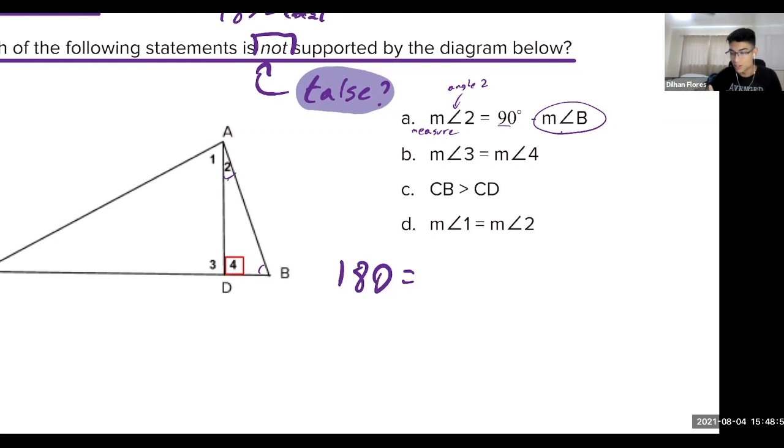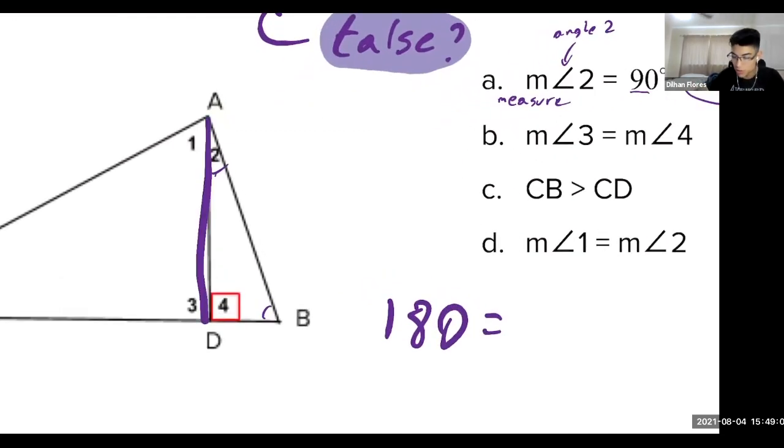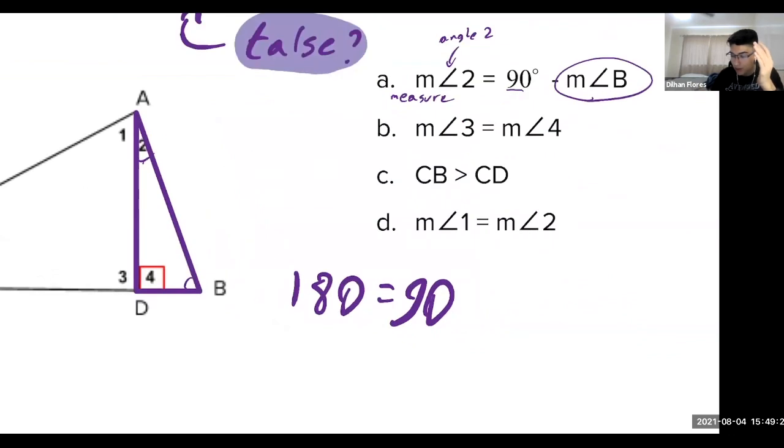This triangle has a right angle. You can tell because this is a little box looking thing. That means right angle. And a right angle has how many degrees in it? 90. Perfect. So it's going to be 90 degrees, plus whatever angle 2 is and whatever angle B is.